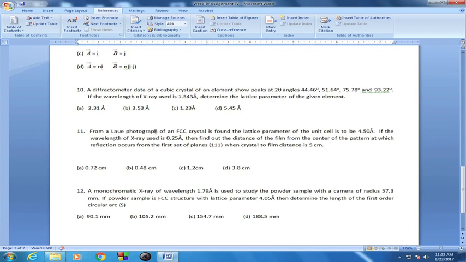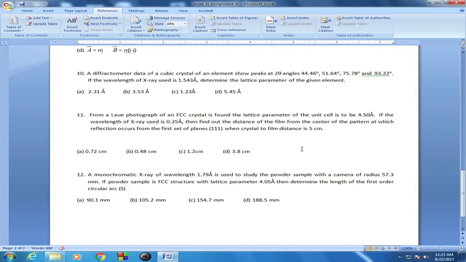Question number 11. From the Laue photograph of an FCC crystal, it is found that the lattice parameter of the unit cell is 4.5 angstrom, and the wavelength of X-ray is 0.25 angstrom. We have to determine the distance of the film from the center of the pattern at which reflection occurs from the first set of planes 1 1 1 when the crystal to film distance is 5 centimeter.